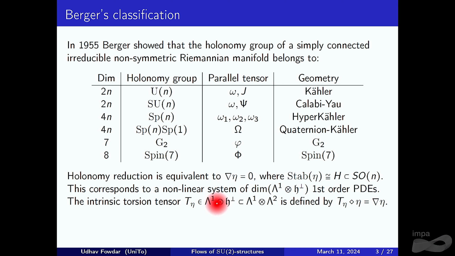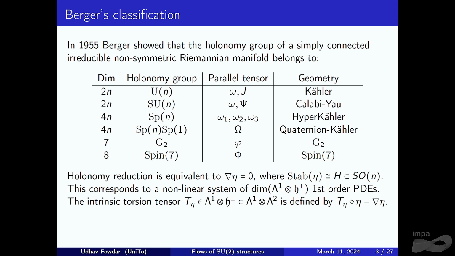Nonlinear because the tensor determines the metric and the metric determines the Levi-Civita connection, and then I'm asking to solve this PDE here. That's where the nonlinearity is coming from. And it's not one PDE, it's a system of PDEs. And the number of PDEs depends on the dimension of the manifold, so lambda 1, and the complement of the holonomy algebra inside lambda 2.